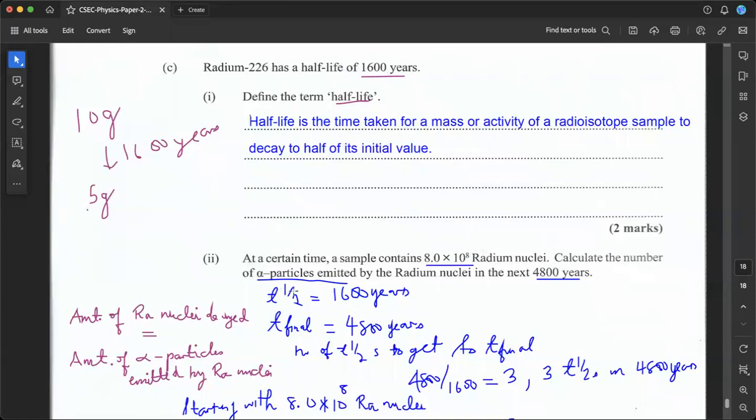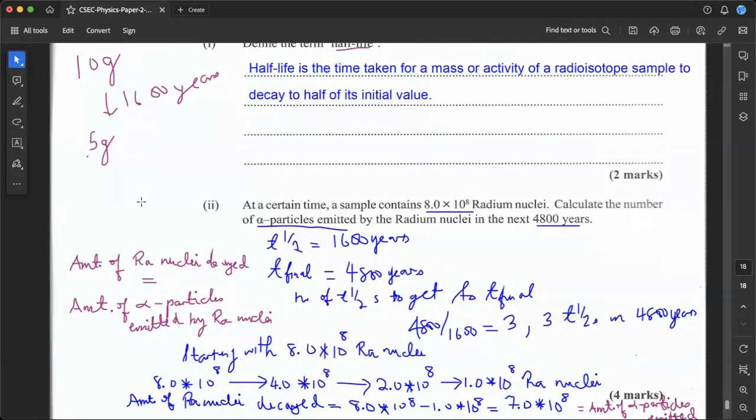So the t-half, or the half-life, is 1600 years. And they're asking us, at a final time 4,800 years later, how many alpha particles would have been emitted by the radium nuclei?